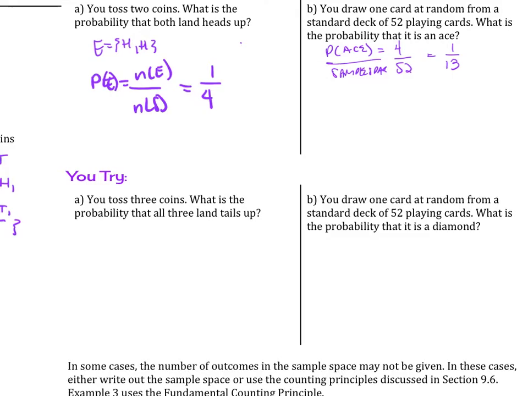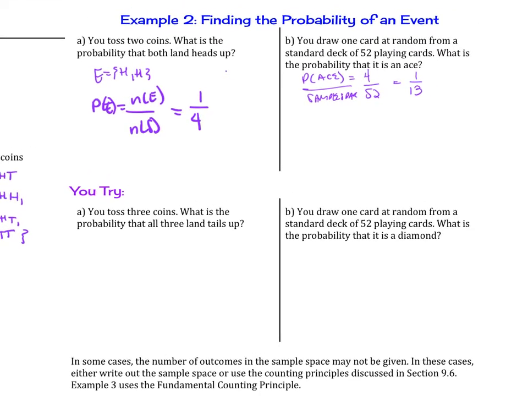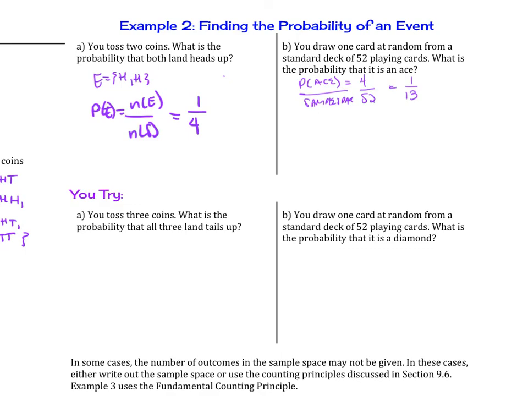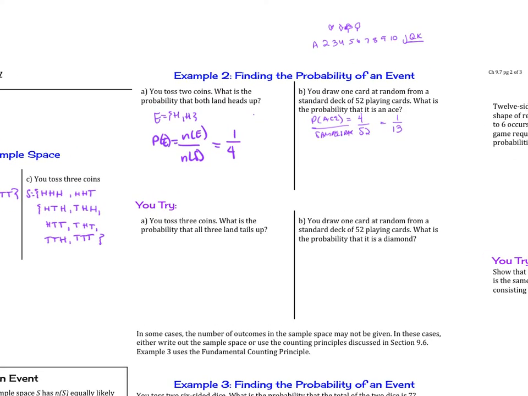Try this example. You toss 3 coins. What's the probability that all 3 land tails up? And letter B, you draw 1 card at random from a standard deck of 52 playing cards. What's the probability that it is a diamond? For 3 coins, take a look at the earlier example on the left and try this out.